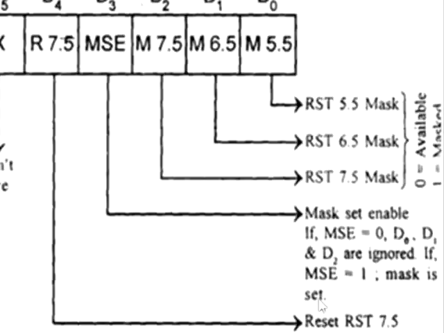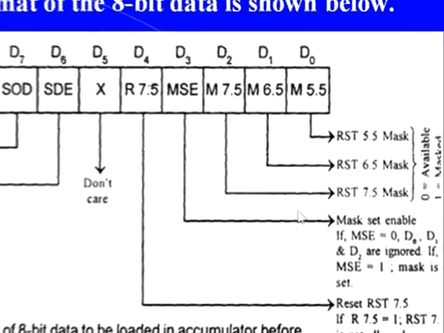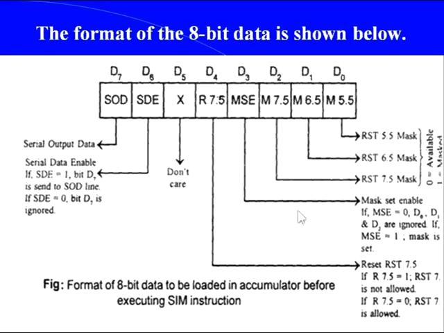In that case, if the value of D2 is 1, which is the mask flip-flop for RST 7.5, we are masking the interrupt 7.5. Suppose D3 is 1 and D1 and D0 are 1, 1. The meaning is we are enabling the masking facility and the interrupts RST 6.5 and RST 5.5 are both masked. If the value in D2 is 0, we are not masking RST 7.5. So if you want, you can mask these three interrupts, and if you don't want, you can unmask them.